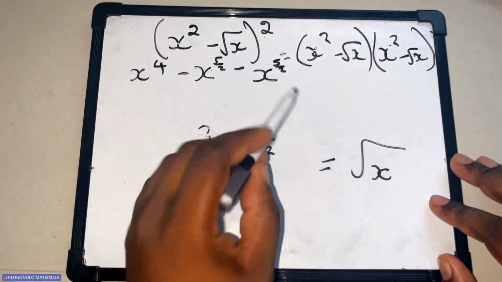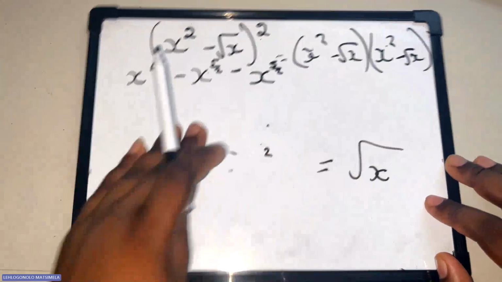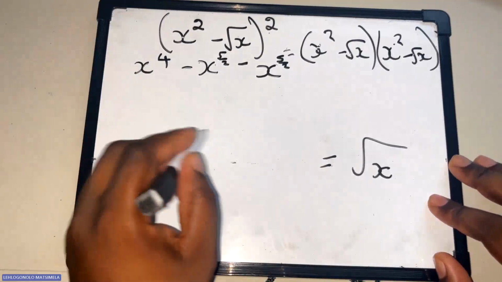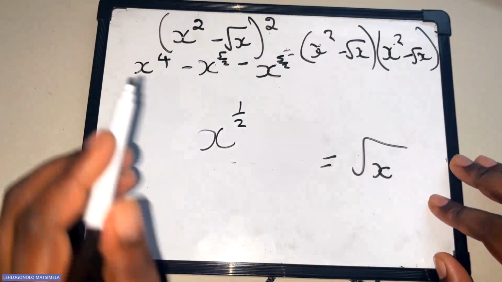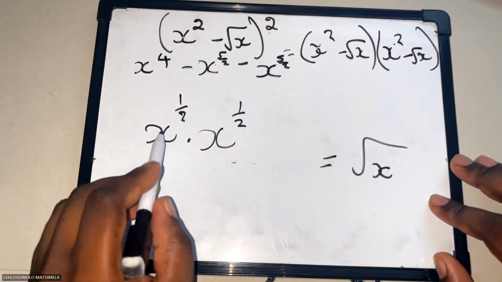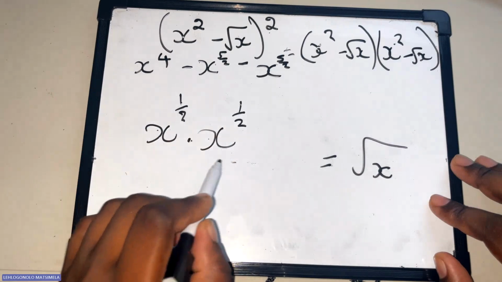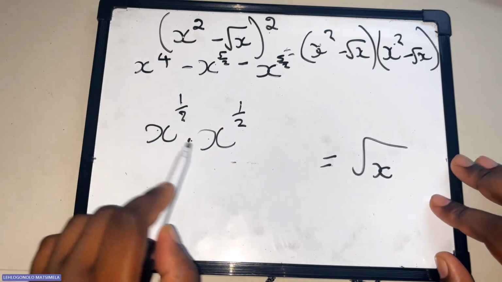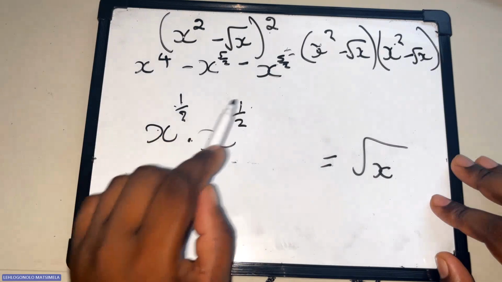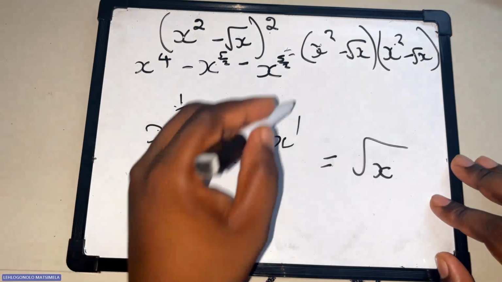And then the last one is negative root x multiplied by negative root x. Root x is x to the power of 1 over 2. The law of exponents says when we multiply powers of the same base, we add the exponents. Half plus half is 1, so we get x to the power of 1.